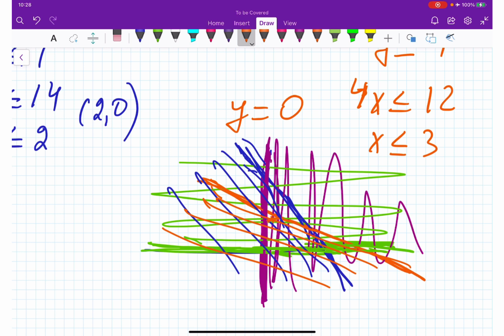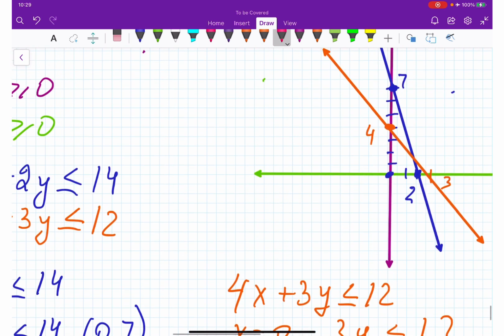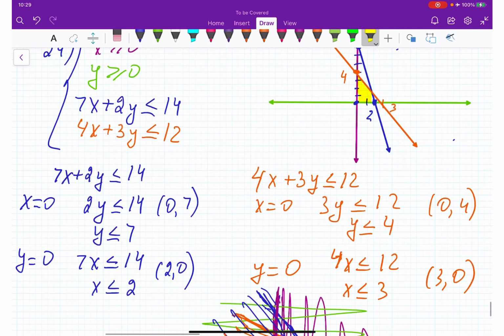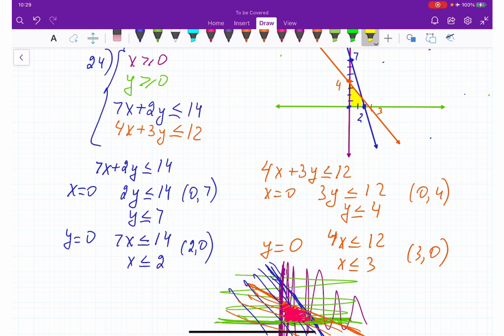Right this piece. I am shading with a red color. This is going to be this piece. That's where they overlap. So to shade it here, it's going to be this piece. Right, this piece. Okay, all right, I'm done.